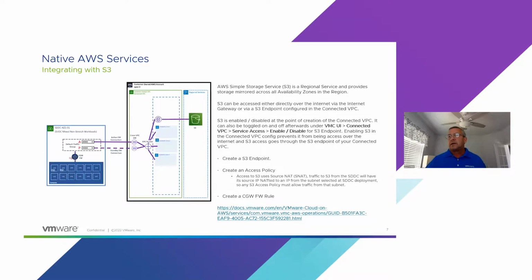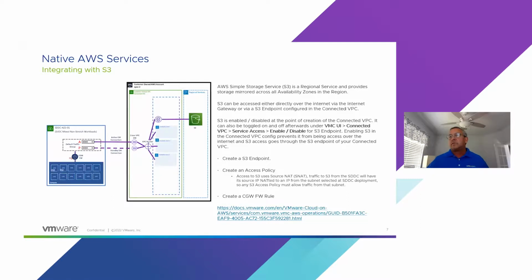So consequently, it saves you a fair amount of money for accessing, whether it's a website internal. You can still access it through public, but you can access it through private for your VMs inside of the SDDC.